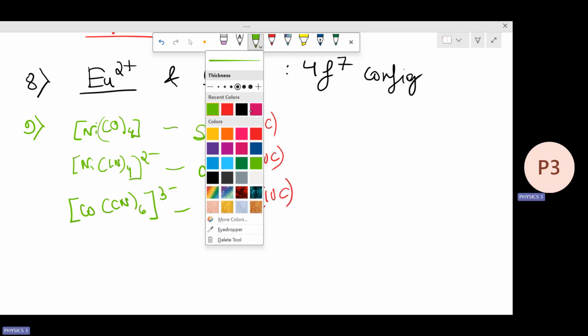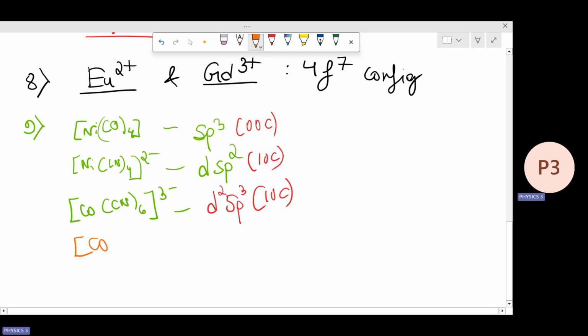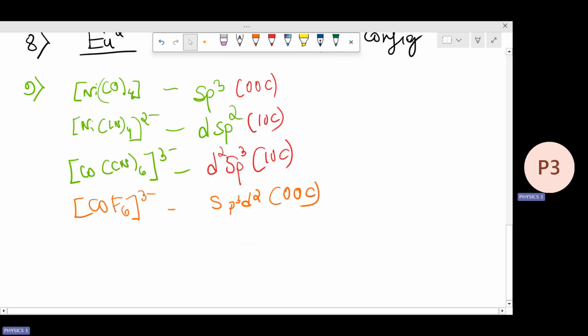Last and the final one, we are going to get the complex [CoF6]3-. In this case, students, we see 6 fluorine and 3 minus. Fluorine is not a strong ligand to cause pairing. So henceforth, we will get sp3d2, which is due to the formation of an outer orbital complex. So this is the reason for each of their configurations.